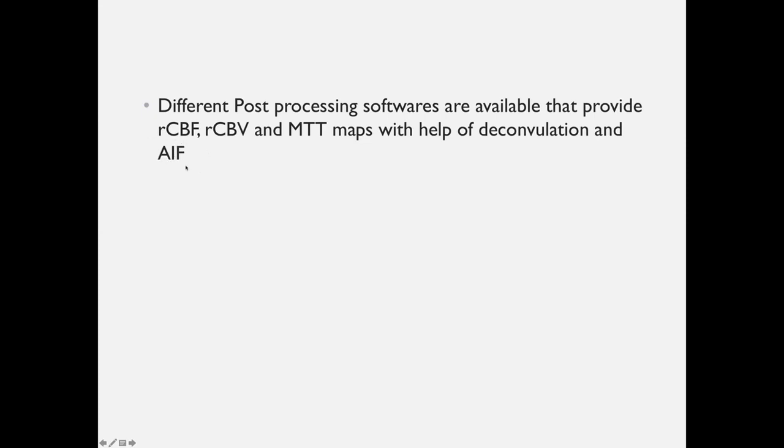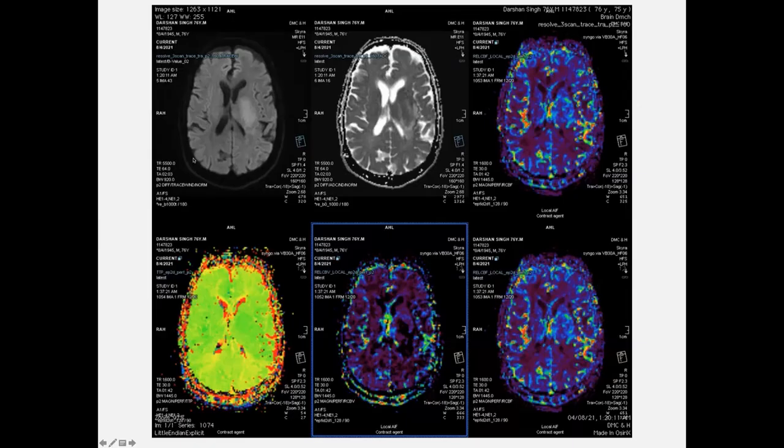We put in an AIF and then we get something like this. So we are getting a relative CBF, a relative CBV. I haven't taken the MTT image here, but for us, the most important are CBF and CBV.